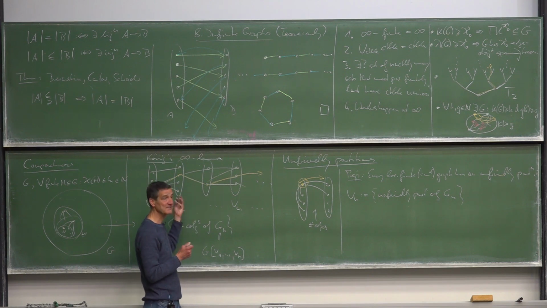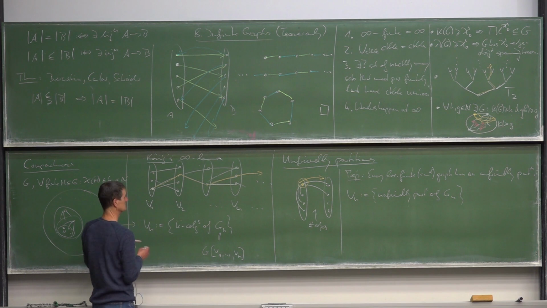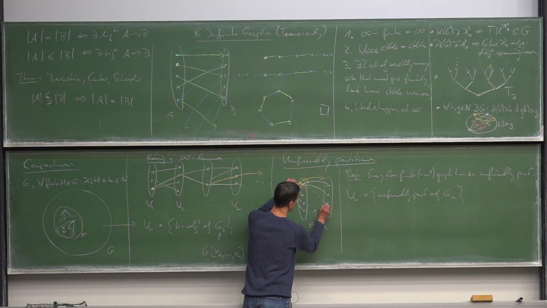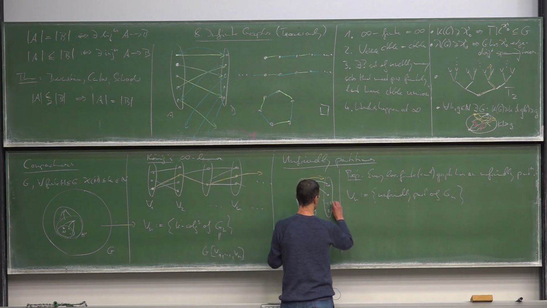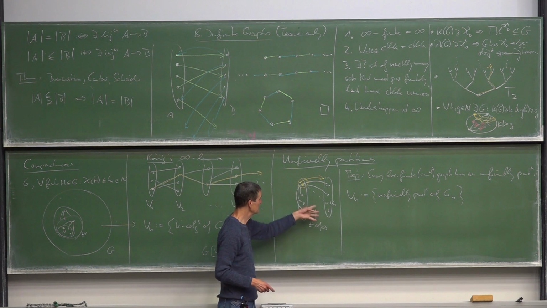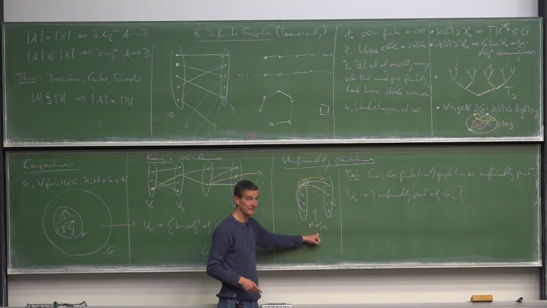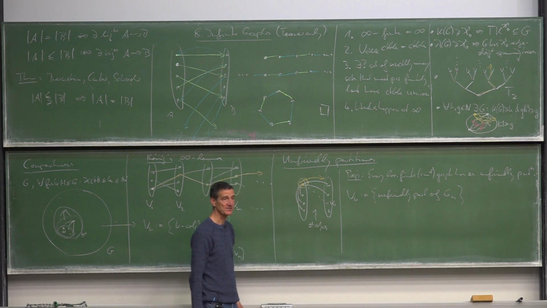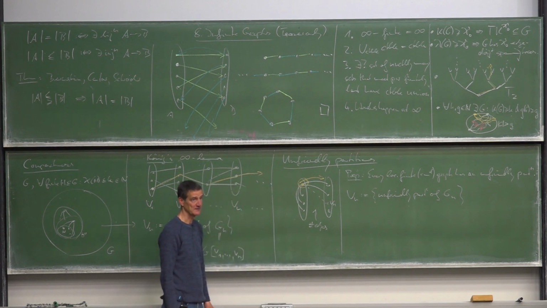So some vertex, this vertex here, might have this Vn over there, so this partition here would be good, unfriendly, perhaps as a partition of Gn, but when we delete Vn, the induced partition of Gn minus 1 is no longer unfriendly. So we have a problem.